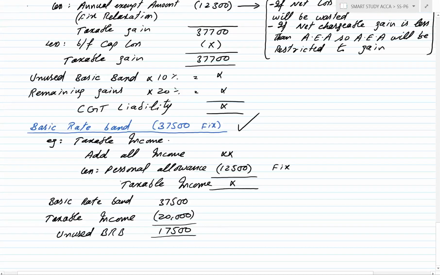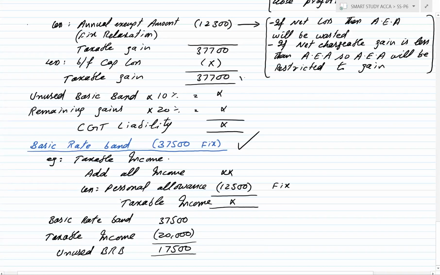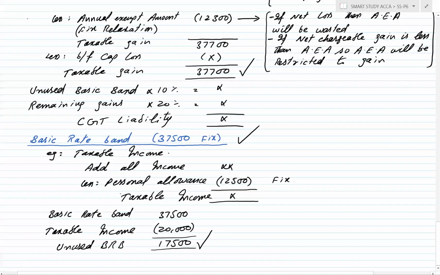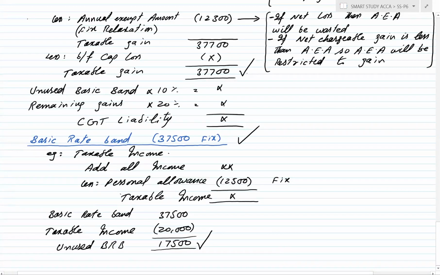So when we calculate capital gains tax, we have taxable gains of 37,700. Out of 37,700, which is our taxable gain, we will apply 10% tax on 17,500, and on the remaining gain, we will apply 20% tax.